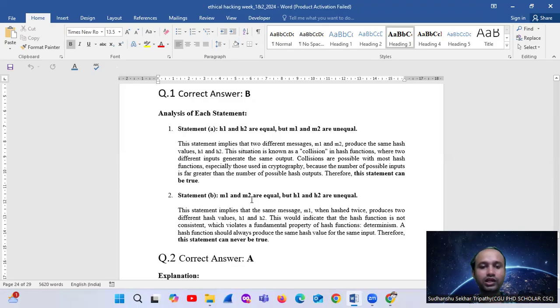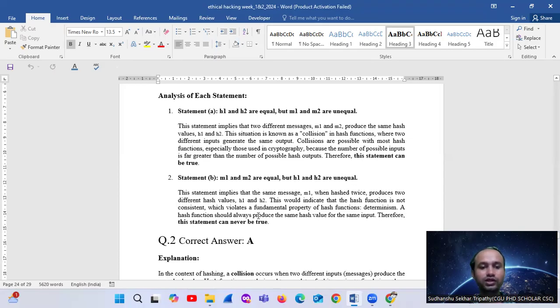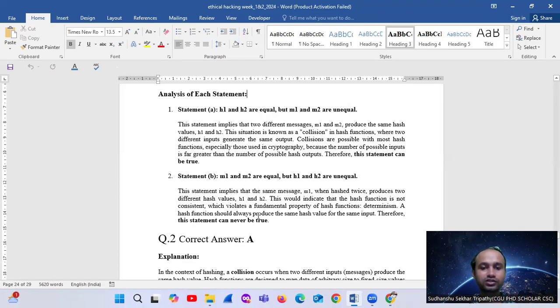Statement B, M1 and M2 are equal, but H1 and H2 are unequal. Okay. So this statement implies the same message M1 when hashed twice produces two different hash values, that is H1 and H2. This would indicate that the hash function is not consistent, which violates a fundamental property of hash functions, determinism.